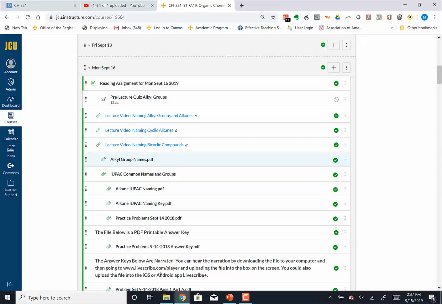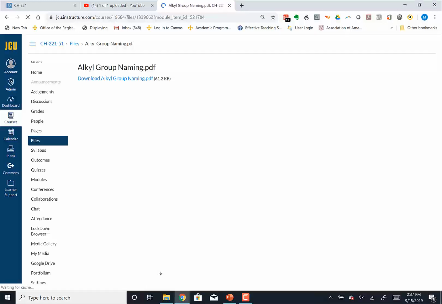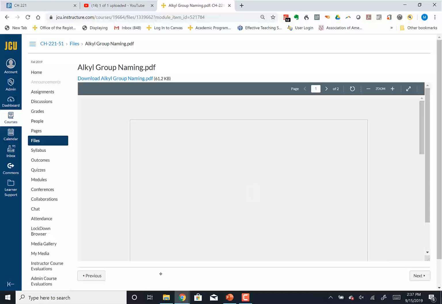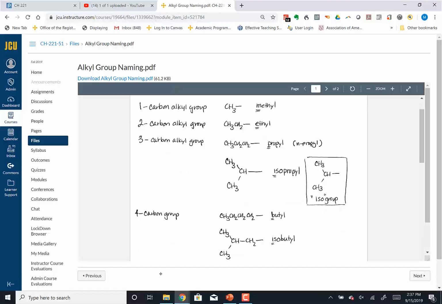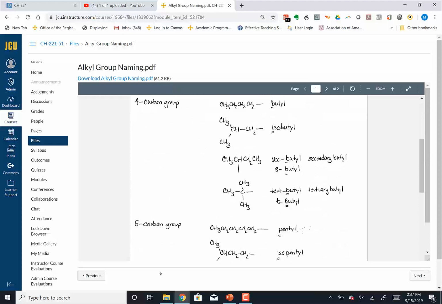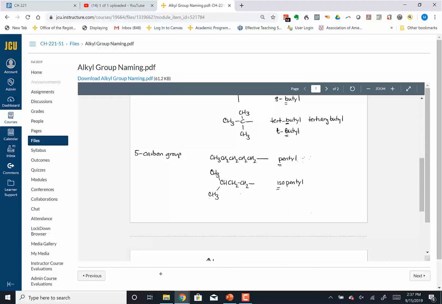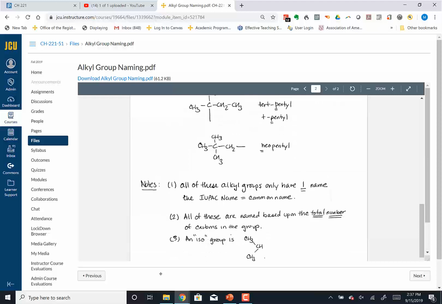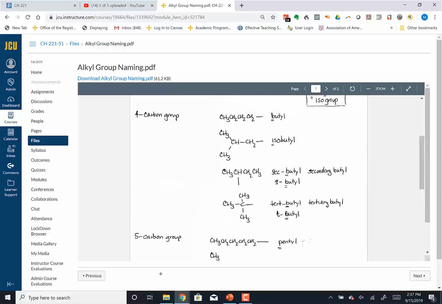So if we look at that, you'll see I've handwritten the groups that you need to know. And so you'll need to, if nothing else, flat out memorize those. Although I have kind of given you some rules there.